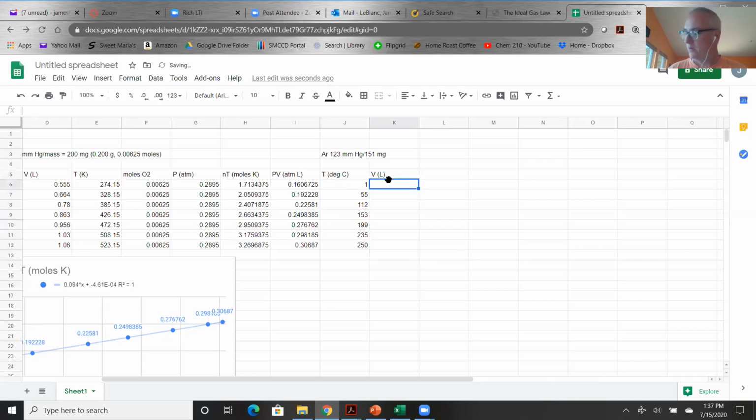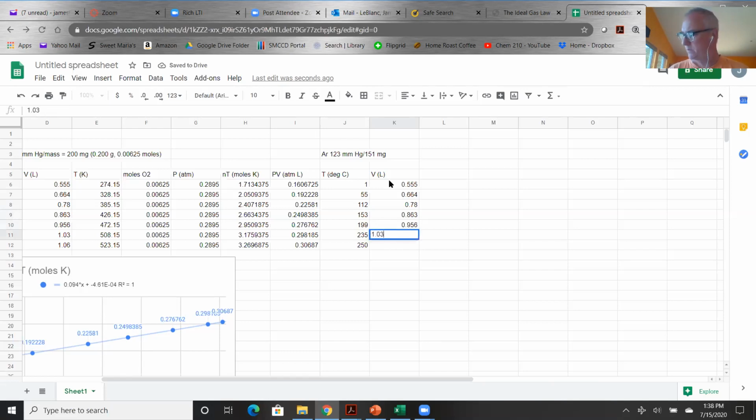And then my volumes were 0.555, 0.664, 0.78, 0.863. It doesn't matter if you put the 0 in there, the computer just takes it out anyway. So even though that 0.780, that 0 is significant, the computer ignores it. So it doesn't really matter for the calculations anyway. 0.956.